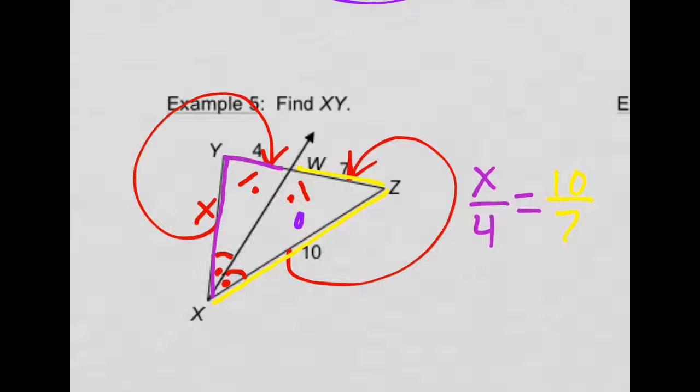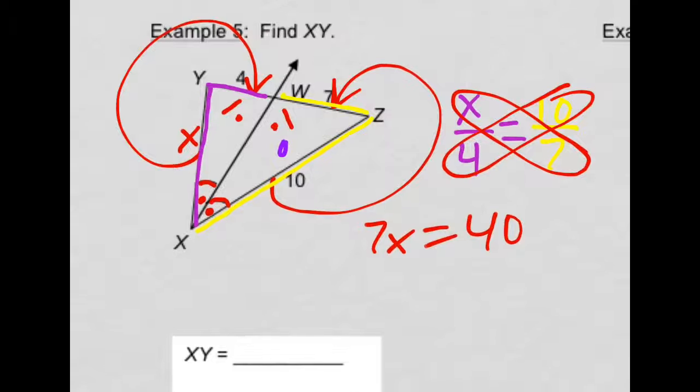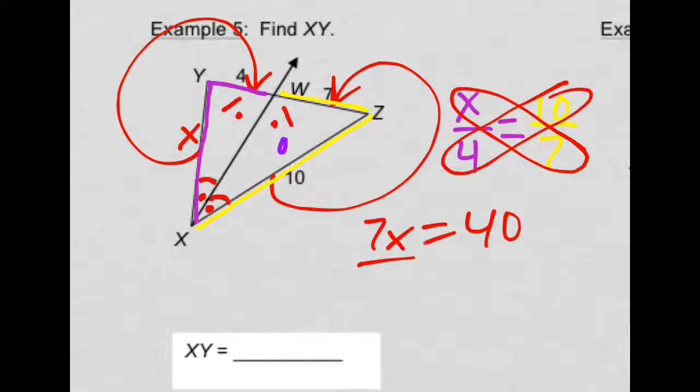And so I just cross multiply those guys. I get 7x equals 4 times 10, 40. And so divide both sides by 7, and I get x equals 5.71. We will round to the nearest hundredth on that one.